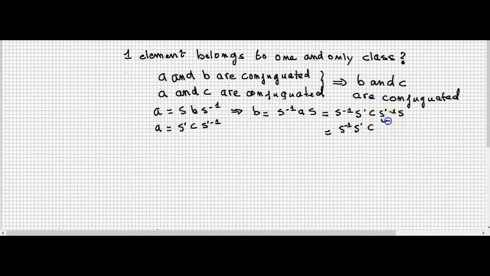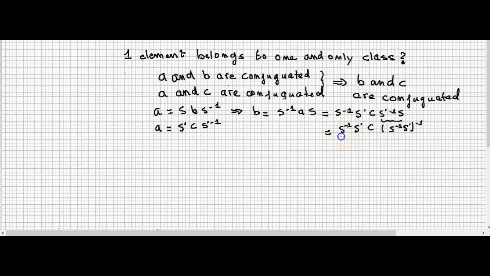This here is S minus 1 S prime, and this is S prime minus 1 S, because when you take the inverse of a product, you invert each factor and reverse the order. So this becomes S prime minus 1 multiplied by S minus 1 minus 1, which is S.